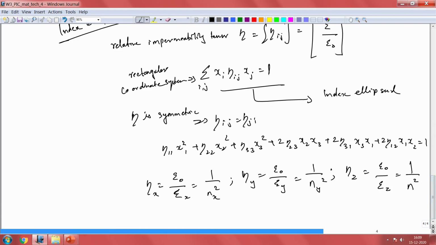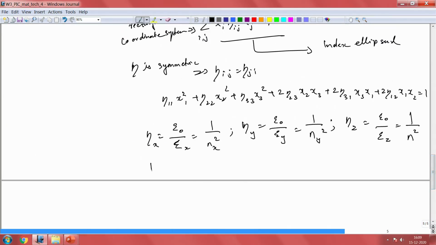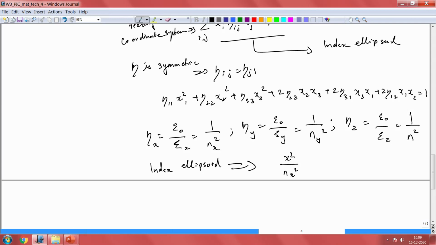Now if the coordinate system is x, y and z, then the index ellipsoid will take the form x squared by nx squared plus y squared by ny squared plus z squared by nz squared equal to 1.